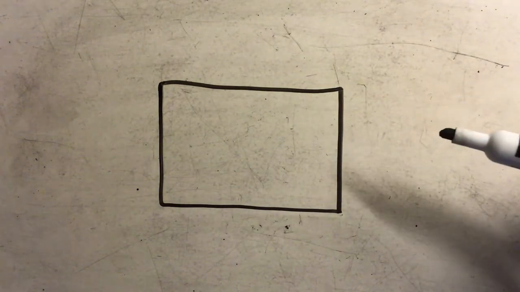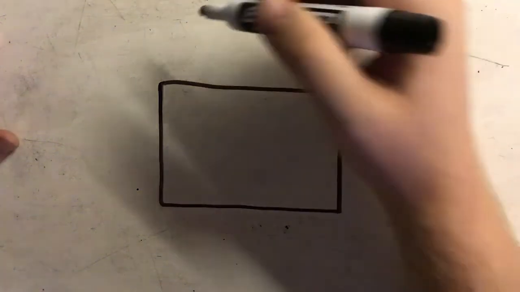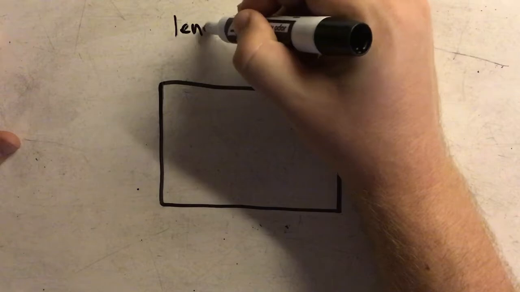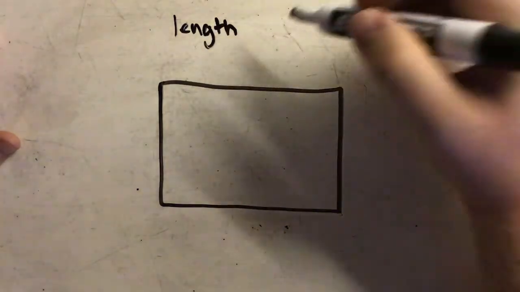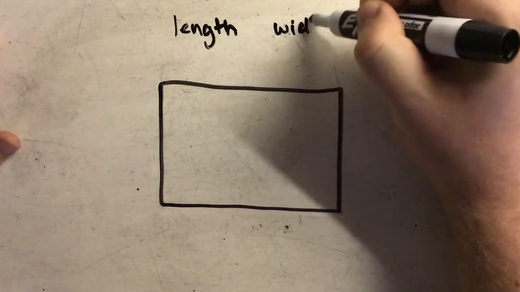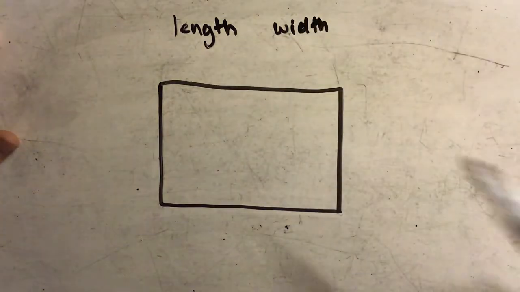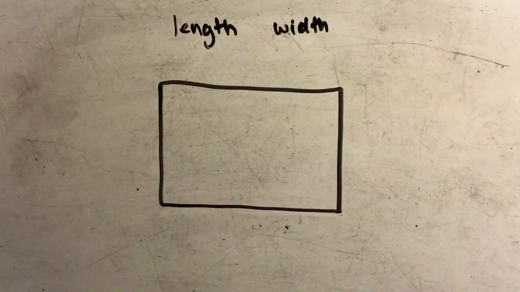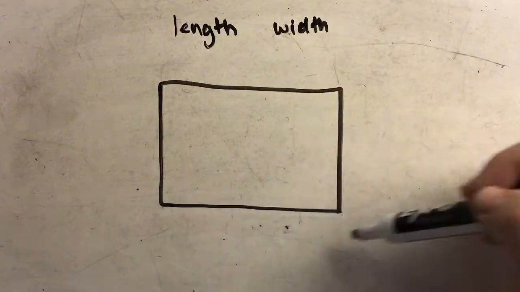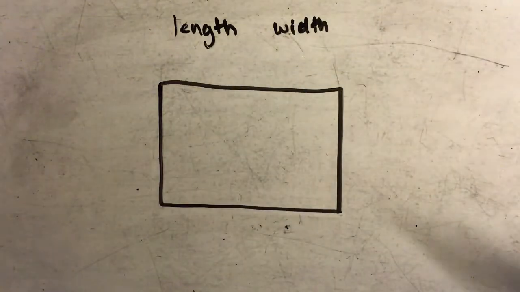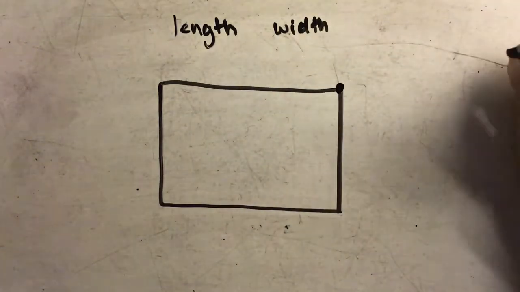And in order to find the area of this rectangle, I need to know two pieces of information. I need to know what the rectangle's length and what the rectangle's width is. And the length and the width simply refer to the measure of the sides of the rectangle at any point that is met.